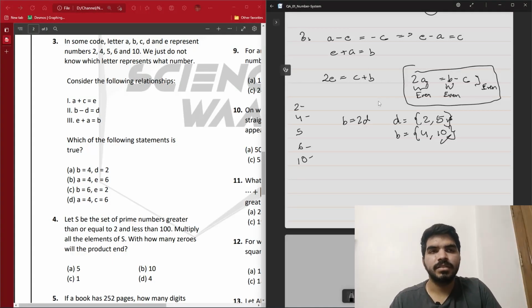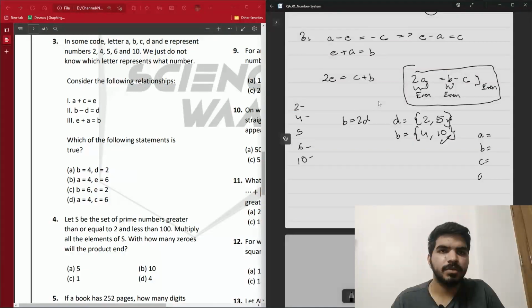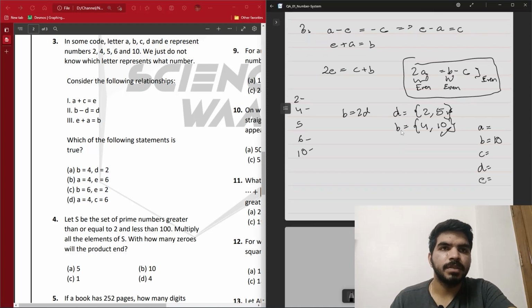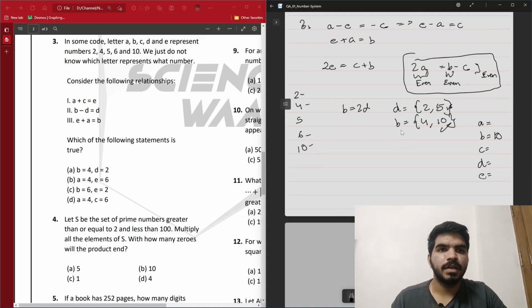3 equations. So now what we have, A, B, C and D. For B we have 10. Oh, we have E as well. So B we have 10, D we will have 5.